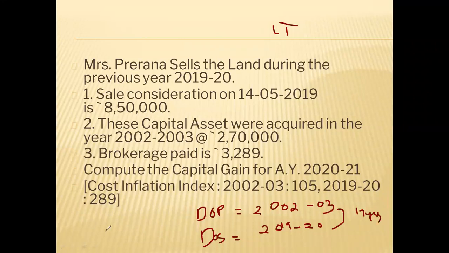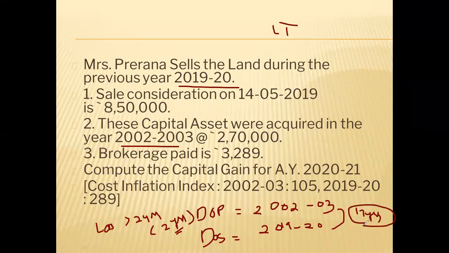And we know that land and building will become long-term capital gain if it is held for more than 24 months, which is approximately around 2 years. For purpose of understanding, you can understand 24 months means 2 years. And here, in this case, Mrs. Prerana has purchased in 2002-3 and sold in 19-20, which is around 17 years.